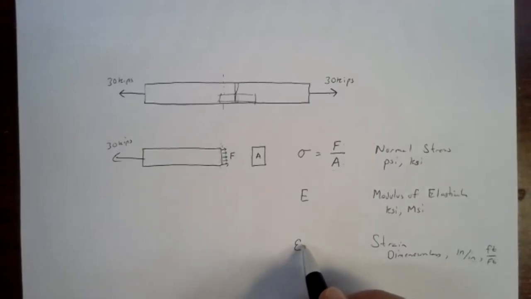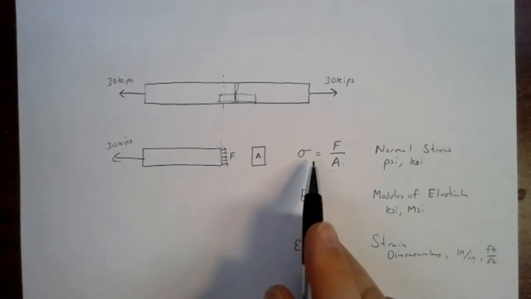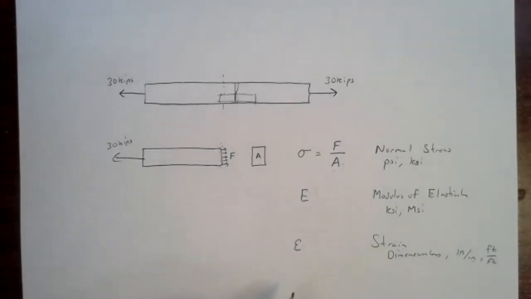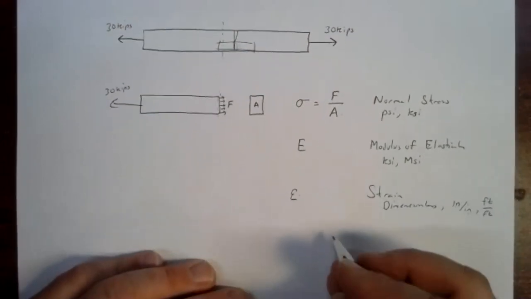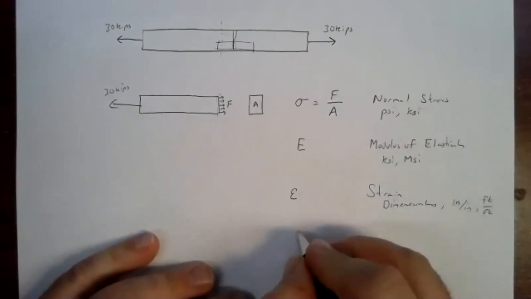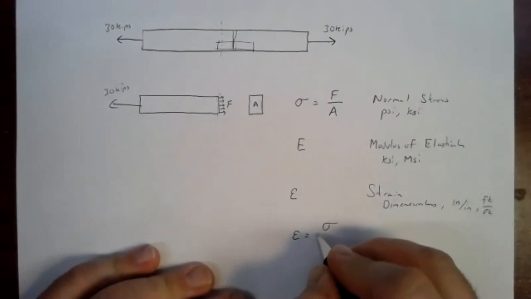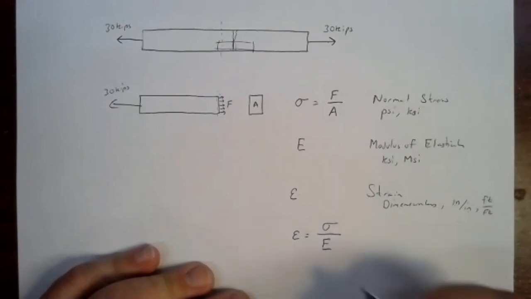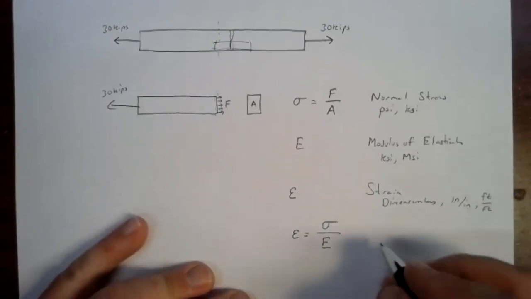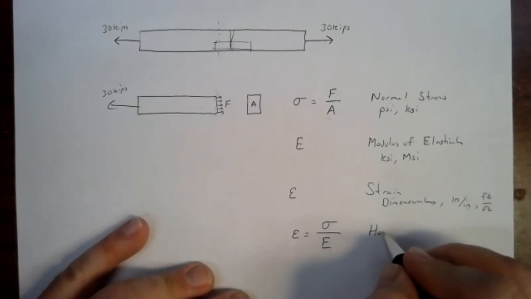Well, strain can be calculated from the stress. We saw that last time as what we called Hooke's law. Hooke's law says that the amount of strain that we get is equal to the amount of stress divided by the modulus of elasticity. That is Hooke's law.